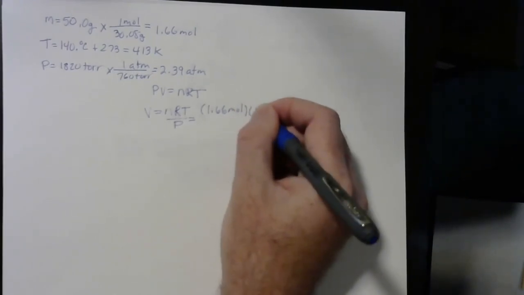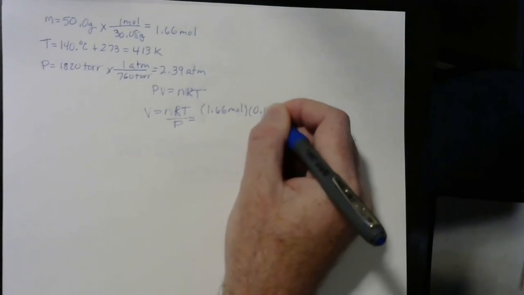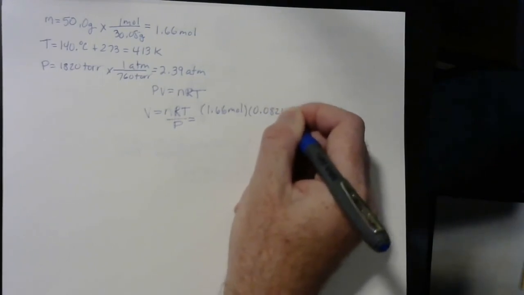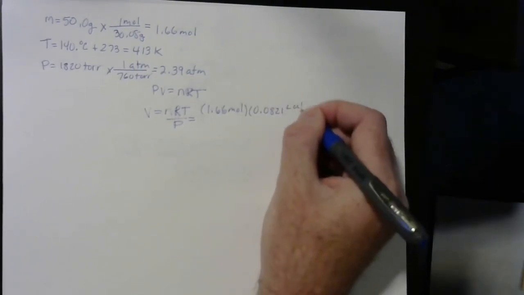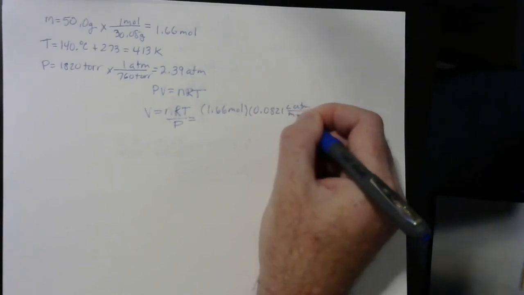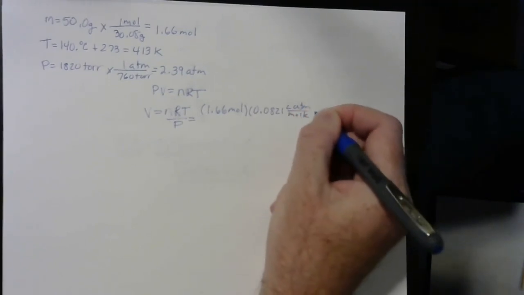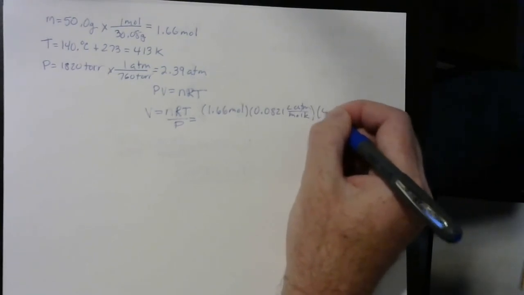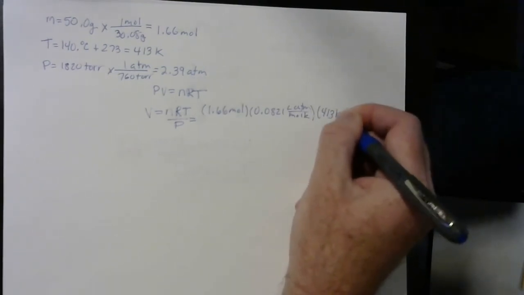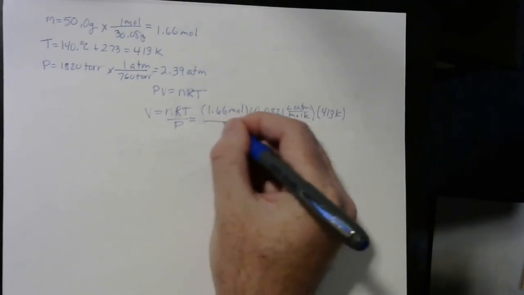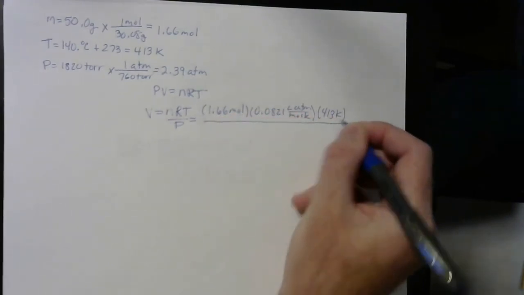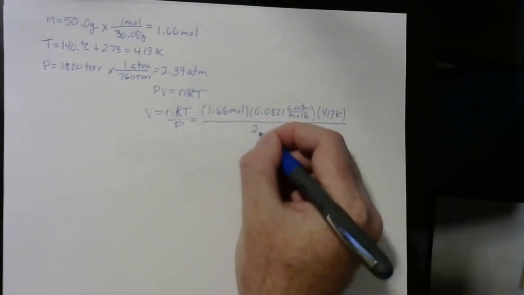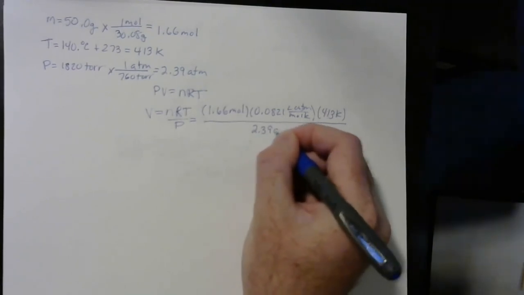The R is that constant we were just talking about, 0.0821 liters atm per mole Kelvin. And then the temperature is 413 Kelvin. And we're going to divide that all by the pressure, 2.39 atm.